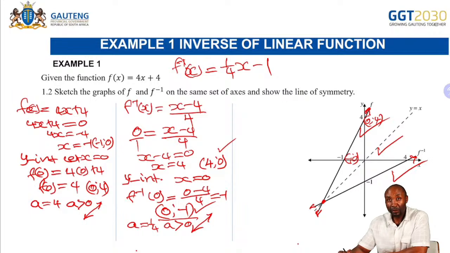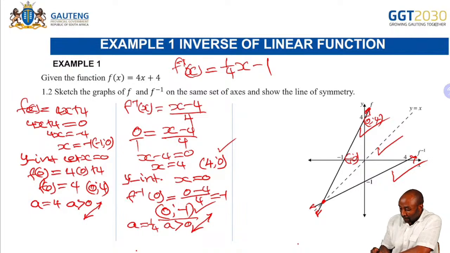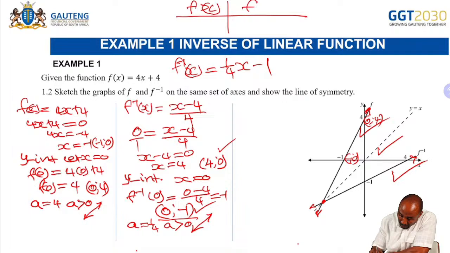We sketch the two graphs on the same set of axes. You are able to see that something is happening here. If I look at my f of x, my y-intercept was 0 and 4. My x-intercept is -1 and 0. Let's look at f inverse of x.